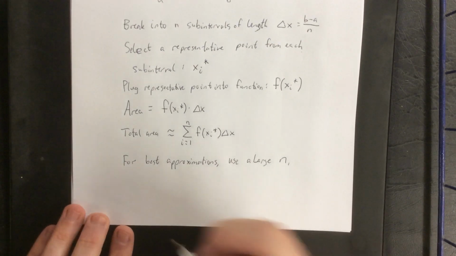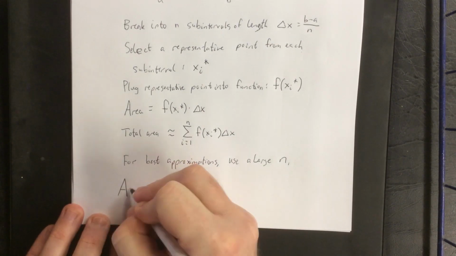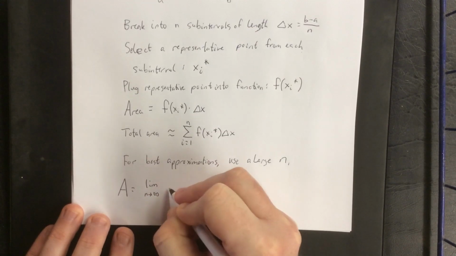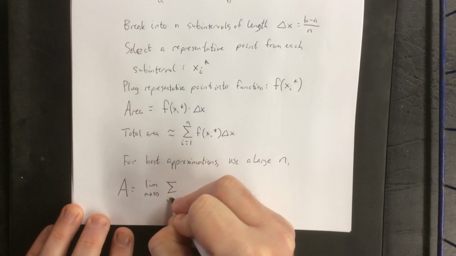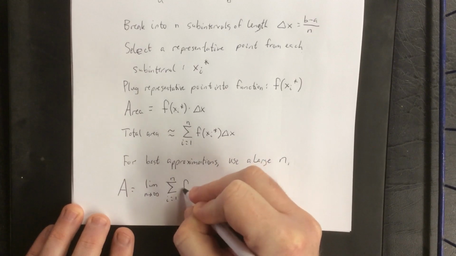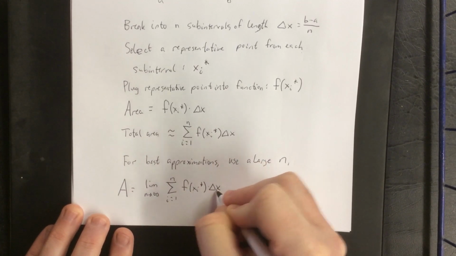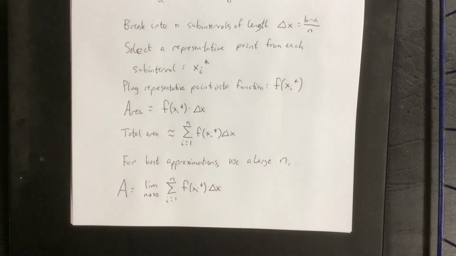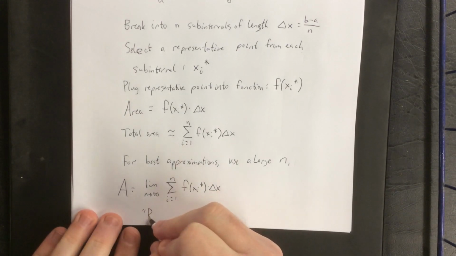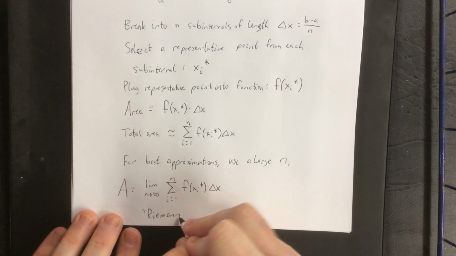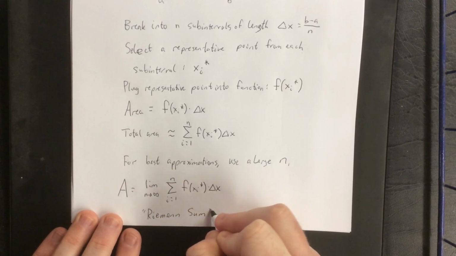If we were interested in finding the exact area, we could simply take the limit as n goes to infinity of the sum from i equals 1 to n of f of x sub i star times delta x. Bernard Riemann is the guy who put this together, and as a result, this summation is named for him. This is referred to as a Riemann sum.